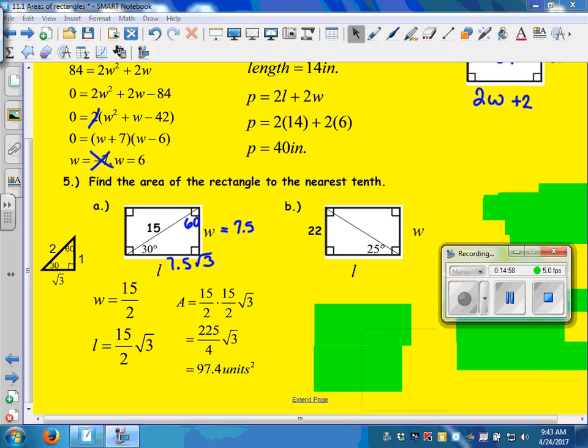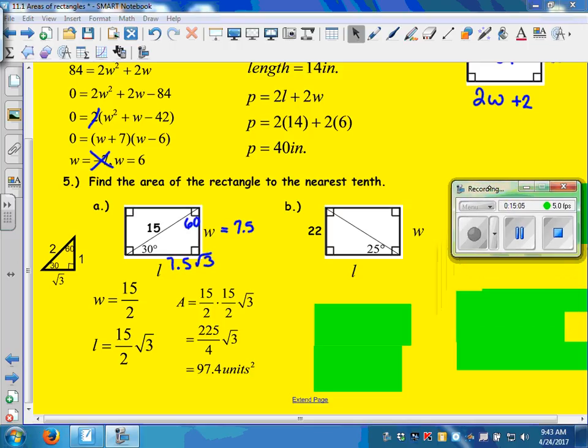Look at letter B. Now this is a 25-degree angle, so this is not a shortcut calculation. This is something you're going to have to use your calculator for. In this problem, I know the height or the width of this, but I don't know the base or the length, so I'm going to have to use my trig functions on the calculator. Make sure you have it set to degree, because I did reset your calculators. To figure out the length, are you going to use sine, cosine, or tangent?